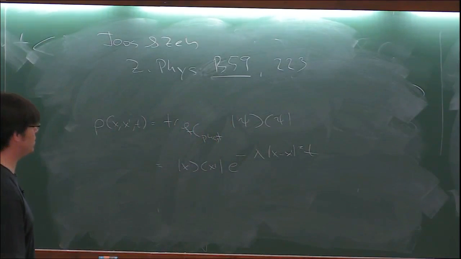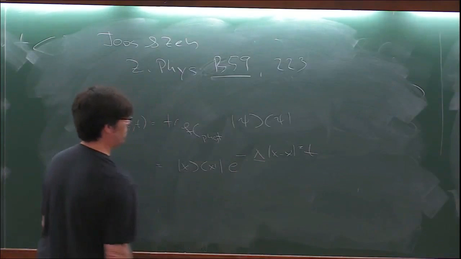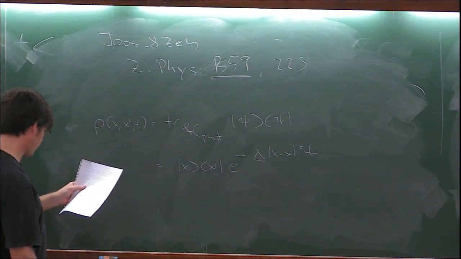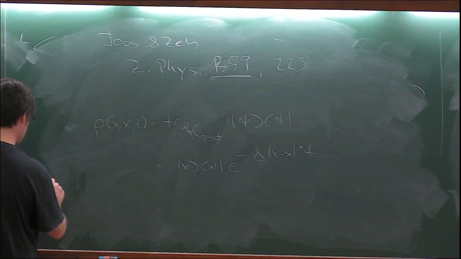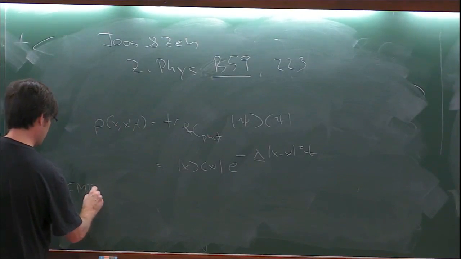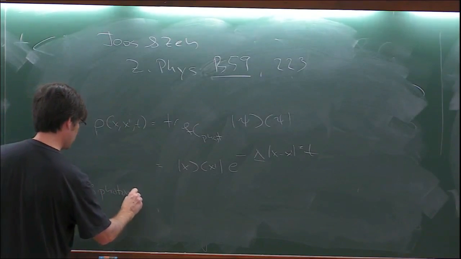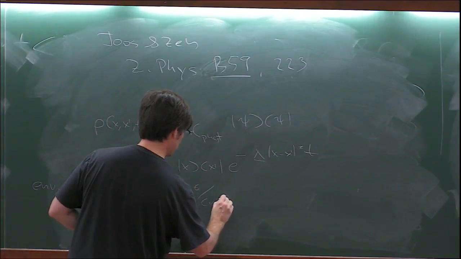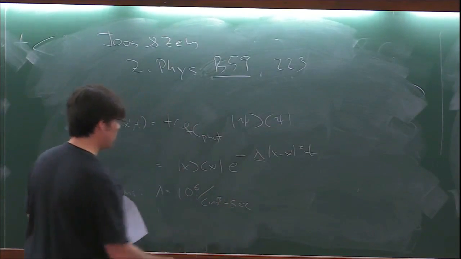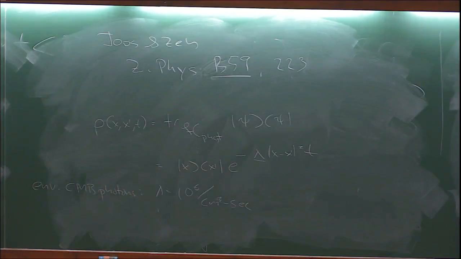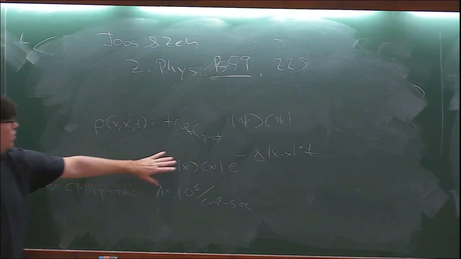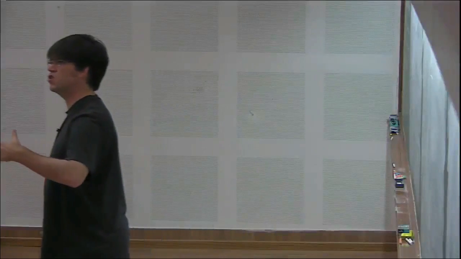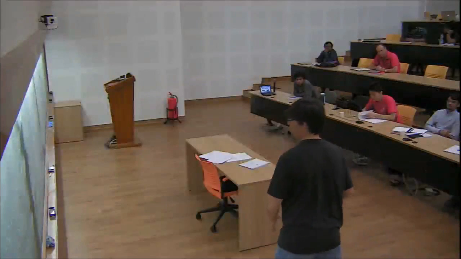In the calculation they did, this has units. So imagine I have a dust particle a micron in size, and if the environment is just the CMB photons, then lambda is 10 to the 6th per centimeter squared per second. So in particular, if these dust particles are a centimeter across, it will take 10 to the minus 6 seconds for these off-diagonal terms to die off completely, and for me to end up in a completely mixed state of a photon here and a photon here.